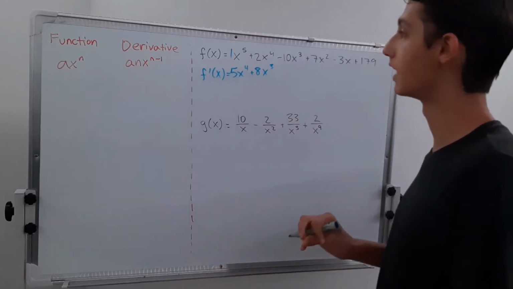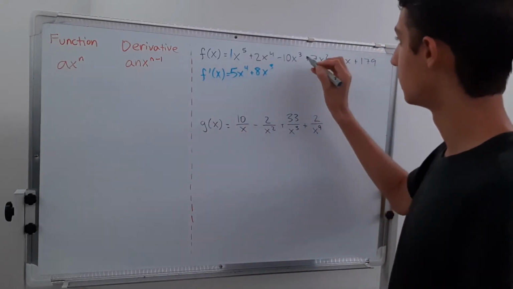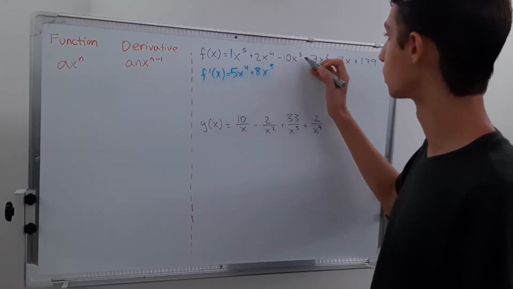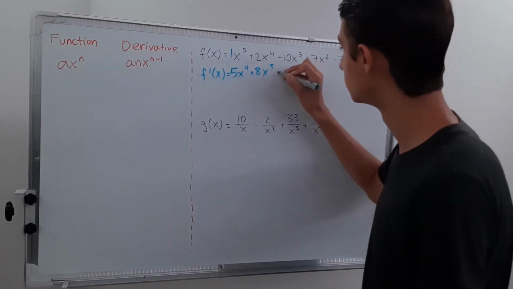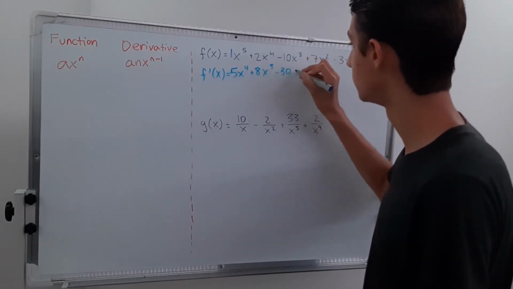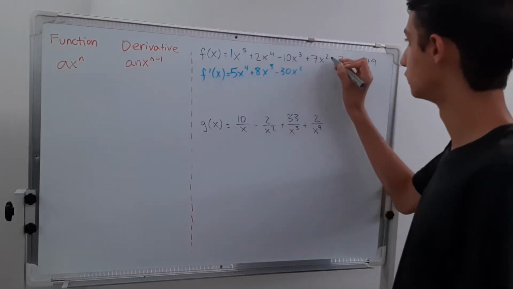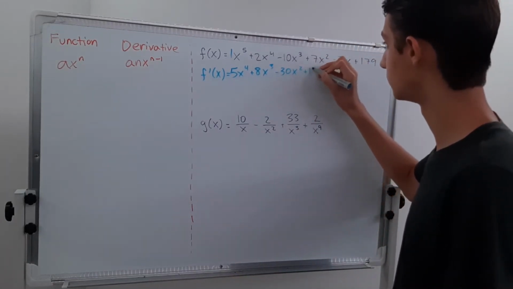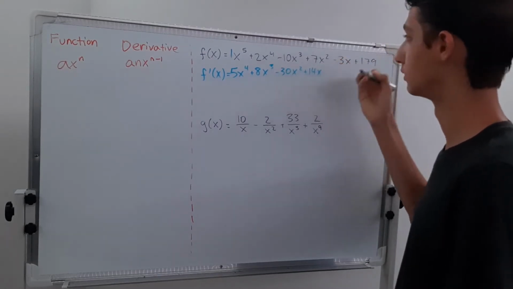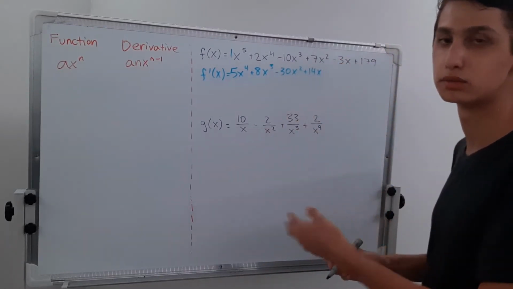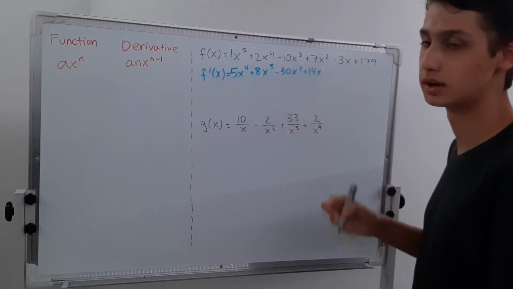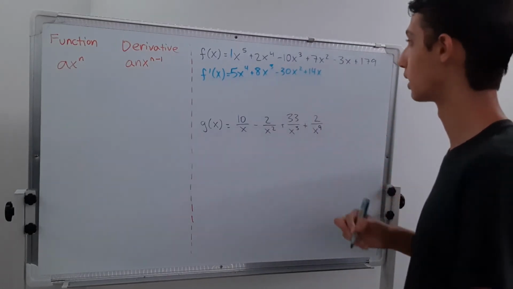It's as easy as that, and we just do it for each of these terms. We have a minus sign here, so 3 times negative 10 gives us negative 30x squared. And then plus 2 times 7 is plus 14x, and since 2 minus 1 is 1, we can just leave it as x. We don't have to put x to the first power.